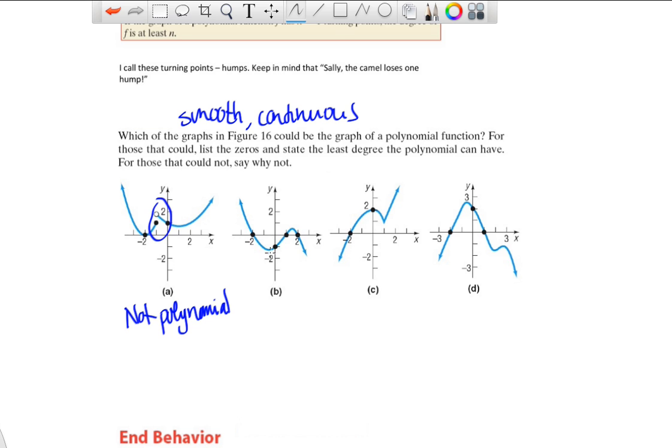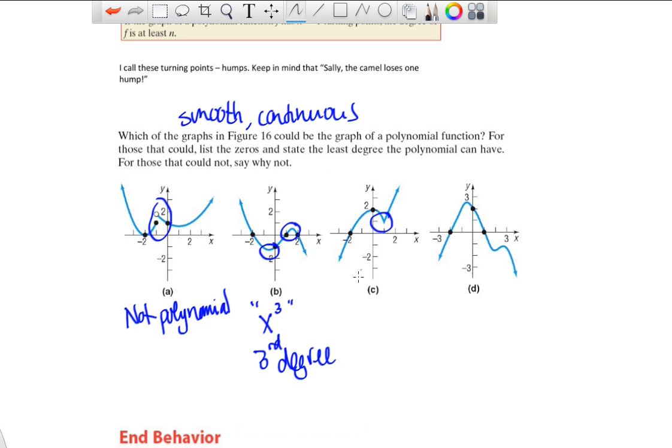This one is smooth and continuous. If we count the number of humps, one here and one there, so there are 2 humps, then this would be an x to the 3rd, most likely. So this is a 3rd degree function. This one over here, smooth, well, it's not smooth here. That's a corner.